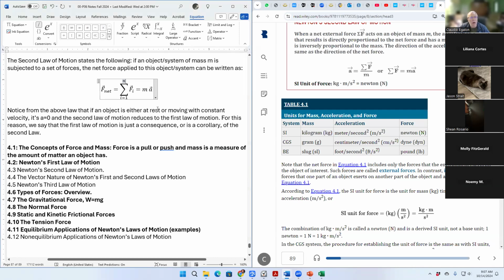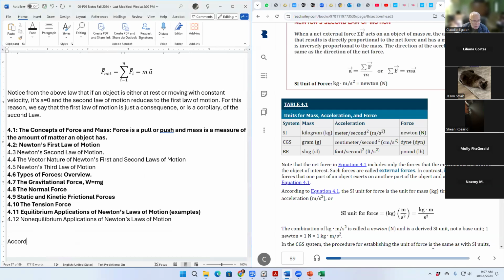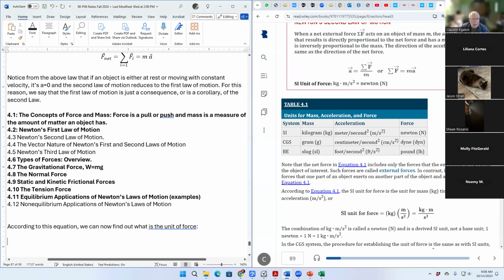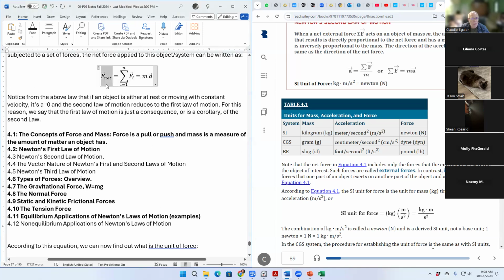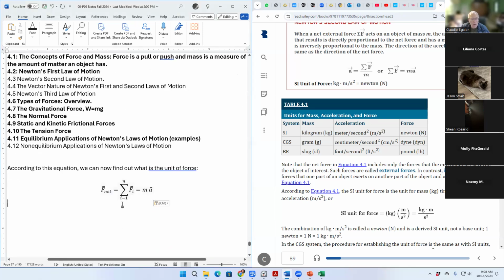And let's take a look. According to this equation, we can now find out what is the unit of force. Okay, so here we go. Let's get this equation again, copy and paste it right in here.